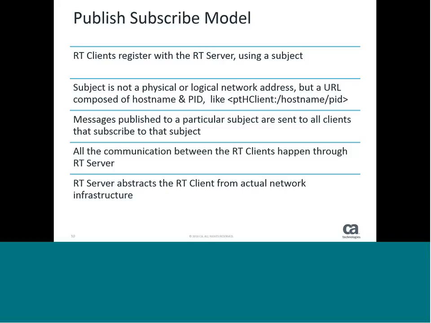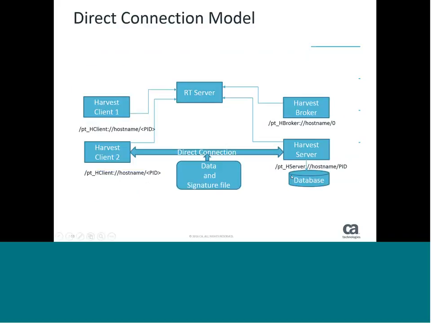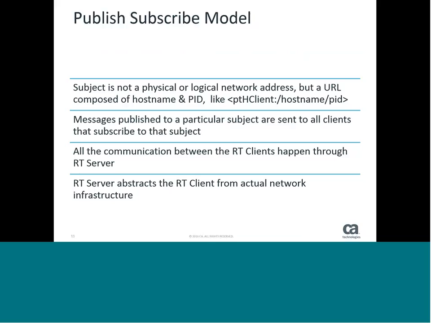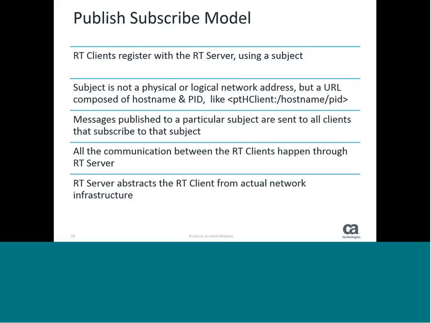So, as I told, RT clients, whenever they start, will register with the RT server using a subject. And as we have seen in the previous slide, these are the subjects: PTH broker, PTH server. These subjects are not a physical or logical network address, but simply a URL, which is composed of host name and PID.